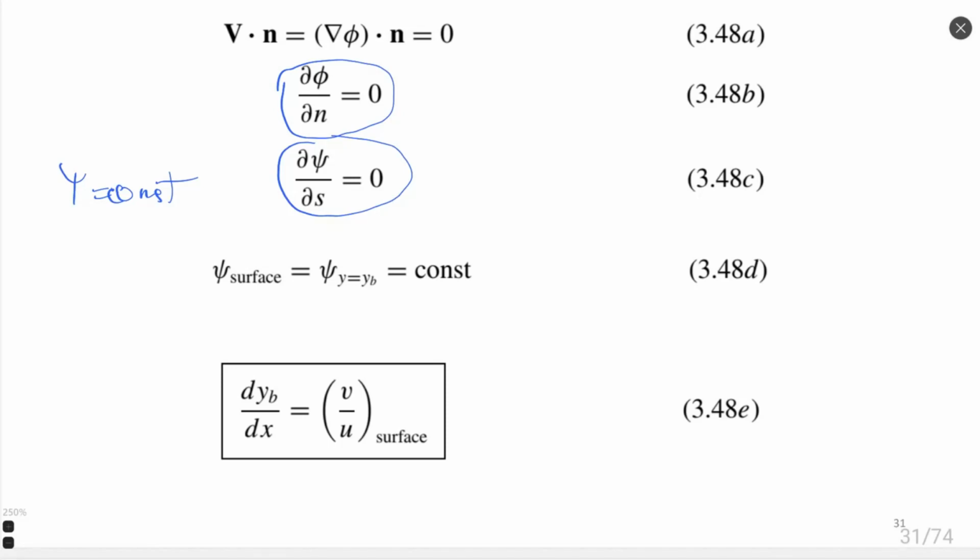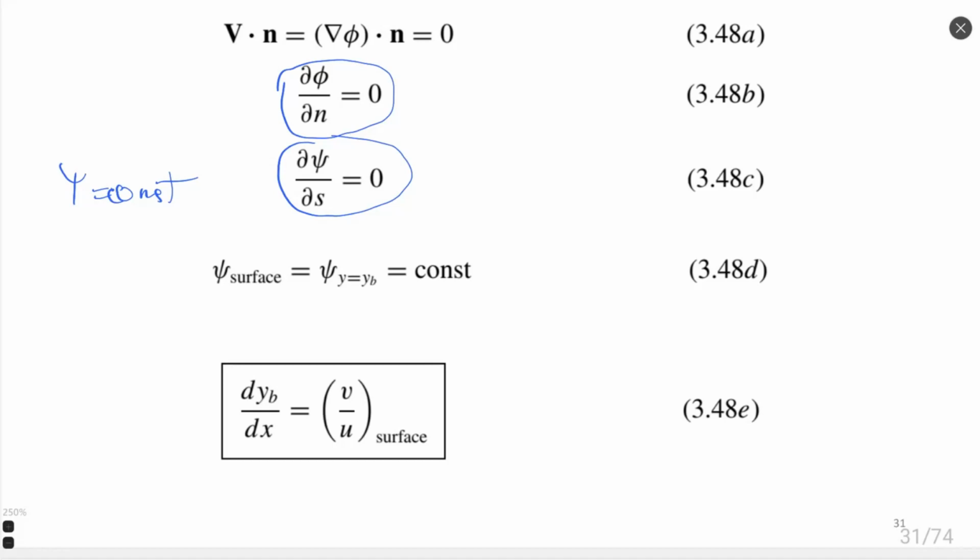Summarizing, we can also see equation 48, which says the streamline on the surface is constant at a specific coordinate.